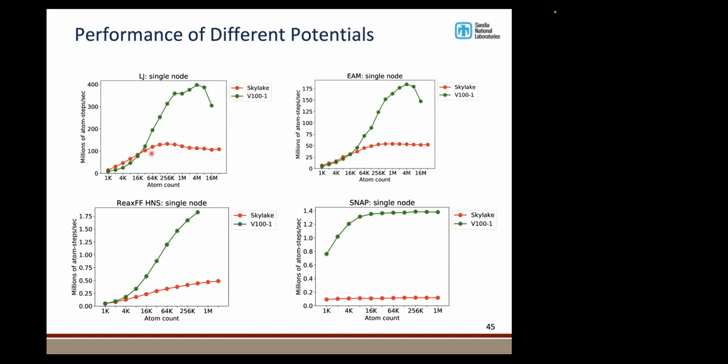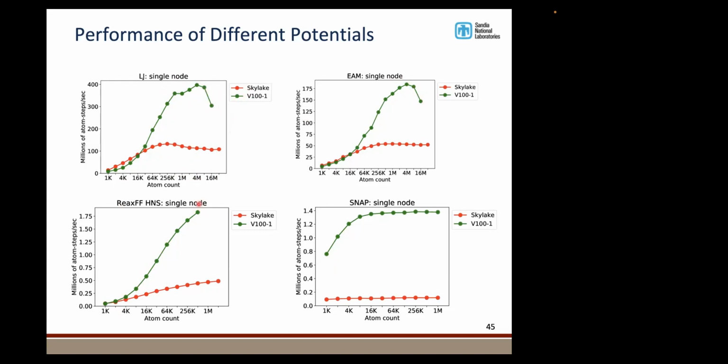And you can see that for all the potentials on the GPU, you need enough atoms to saturate the threads. So for the cheap potentials like Lennard-Jones, you need something like about 1 million atoms to saturate the threads. If you go too large, then you run out of memory. So here there's no data point because you ran out of memory. And then you also start to fall out of the cache. So same for EAM.